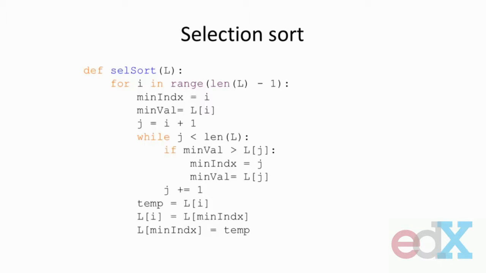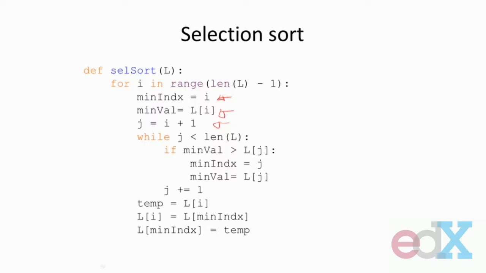I'm running a loop over the range of the list. I start off saying that the location of the smallest thing is at i. I've got the minimum index is i, and the minimum value is the value at that point. I'm going to start j at 1 more than i, and then I'm going to run through a loop where I walk through the right-hand side of the list, and I find basically the smallest element.